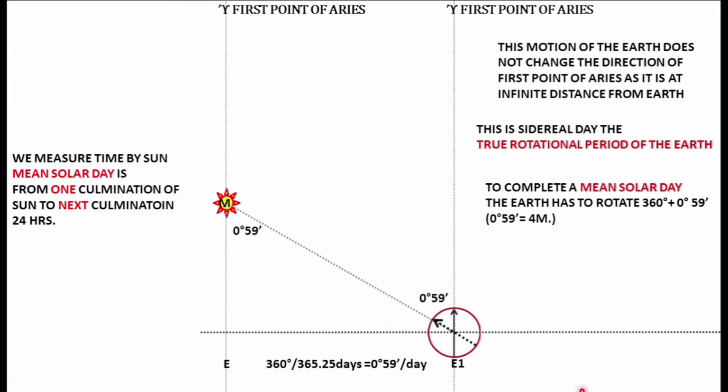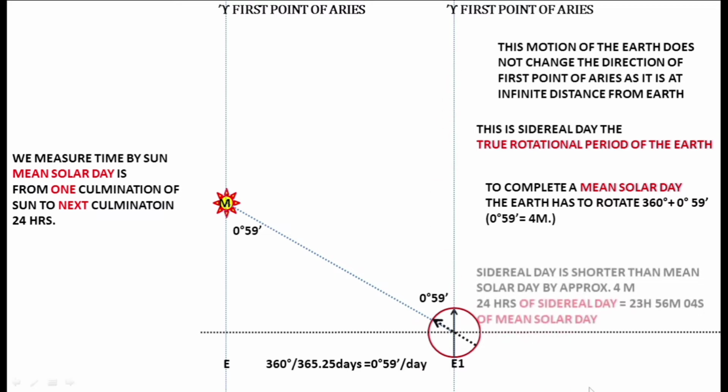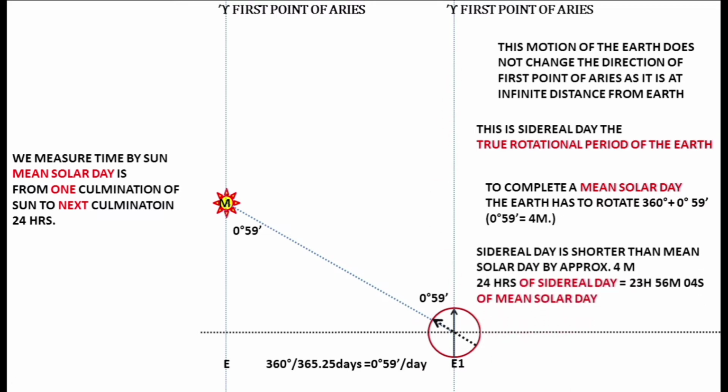So the Earth would have to rotate this extra 59 minutes, and that is about 4 minutes more. The mean solar day being 24 hours, and this being 4 minutes less, your sidereal day is basically 23 hours 56 minutes of mean solar time.